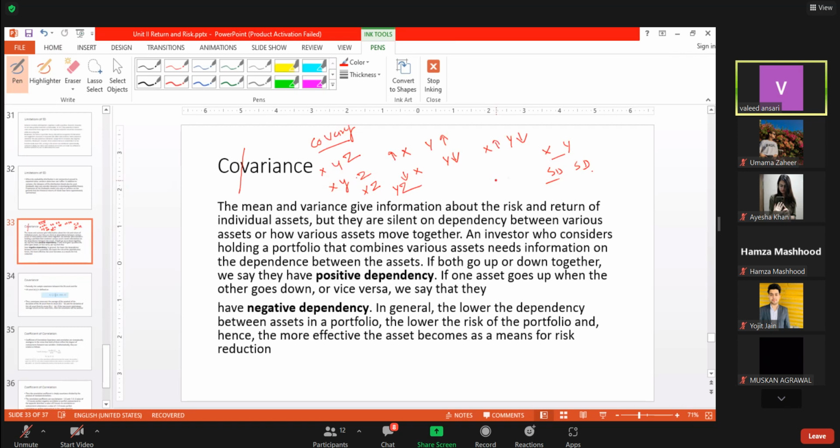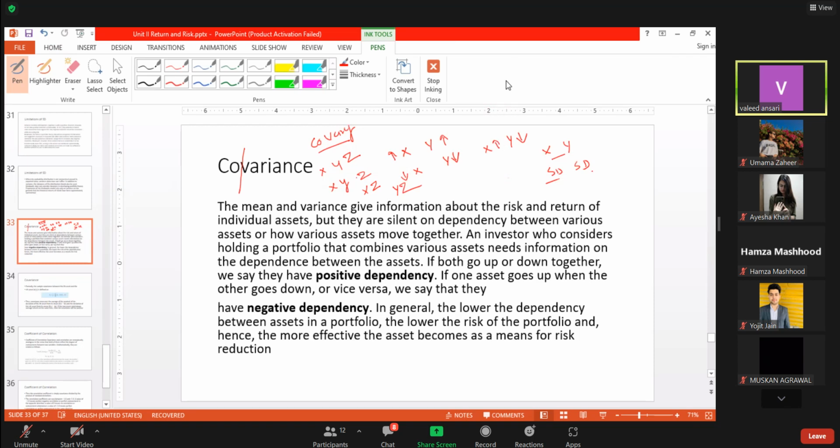If securities are moving in a similar direction, in a similar way, then the chance of risk reduction is lower, and that will not be beneficial for diversification.